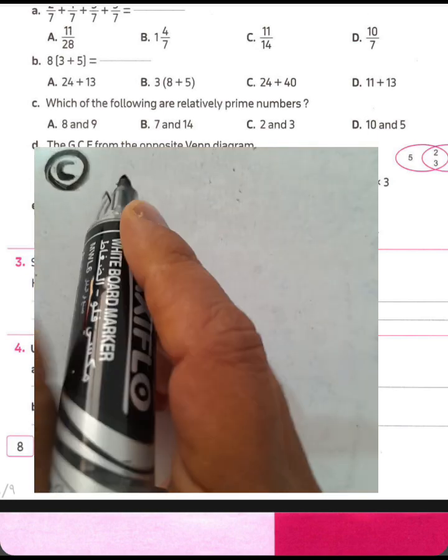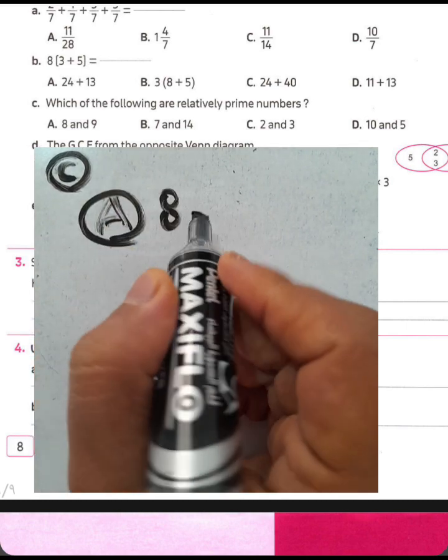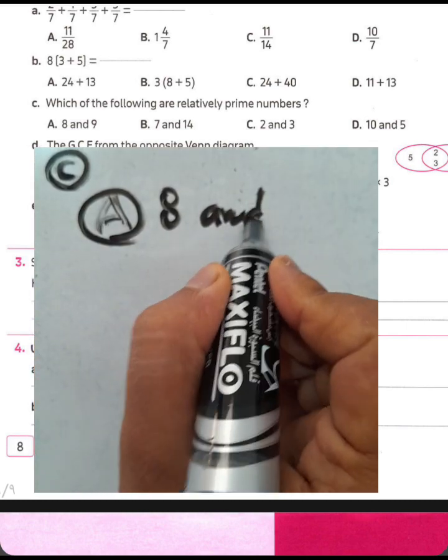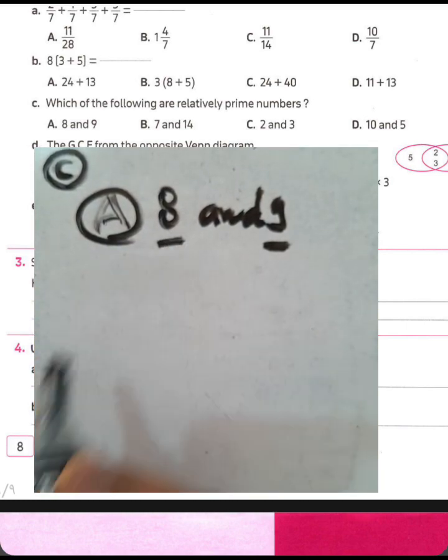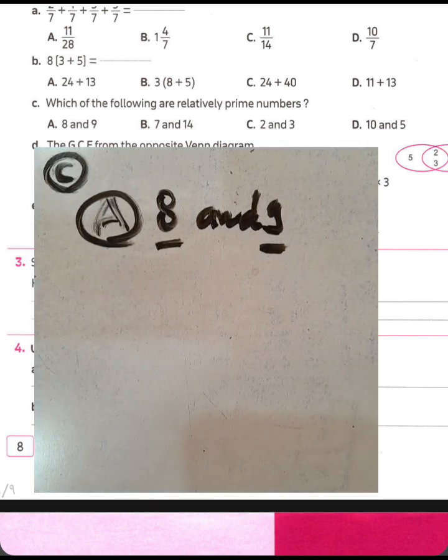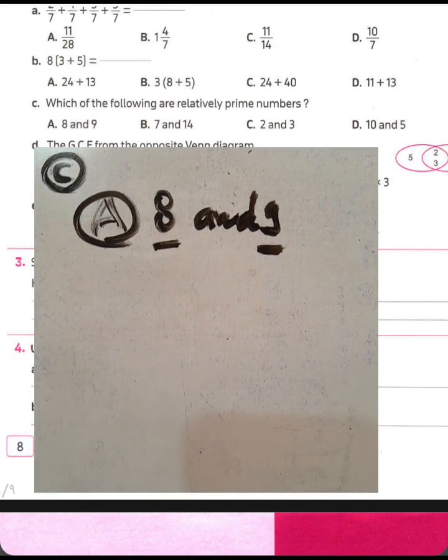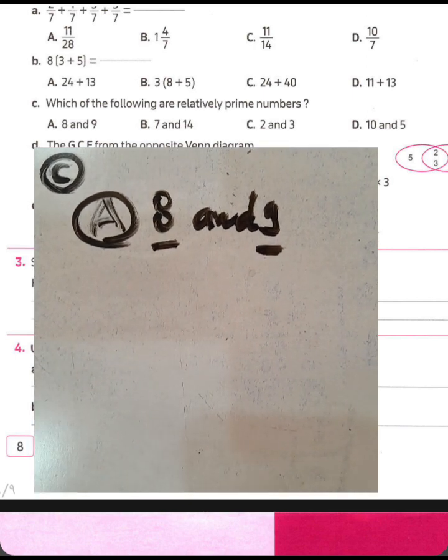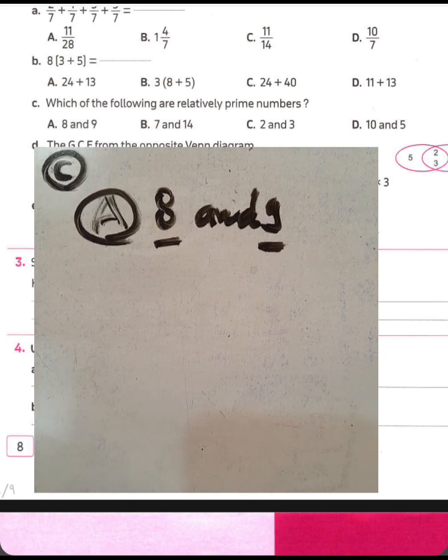Thinking about letter C with me, we have here 8 and 9, because 8 and 9 can be divided by 1 only, but 8 and 11 are not prime numbers. Understood?